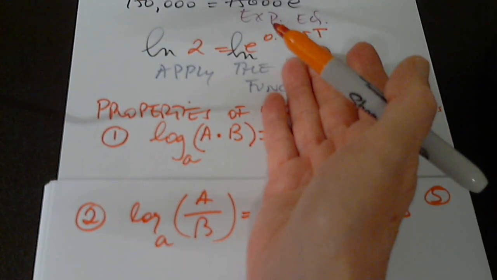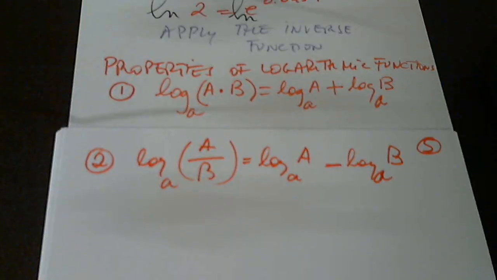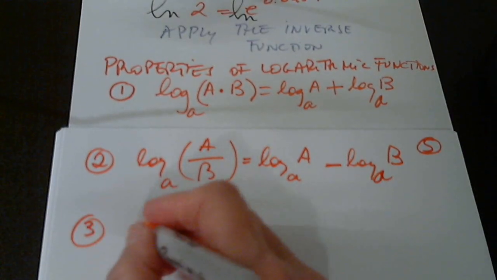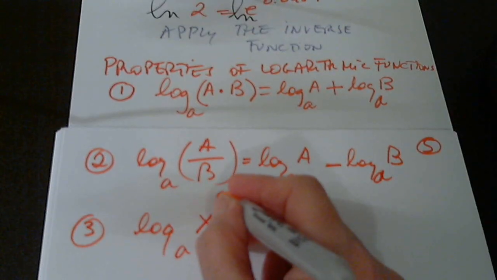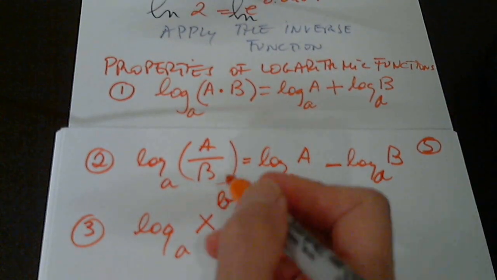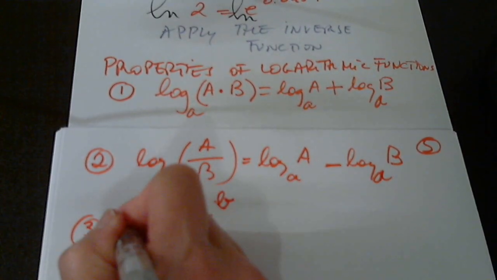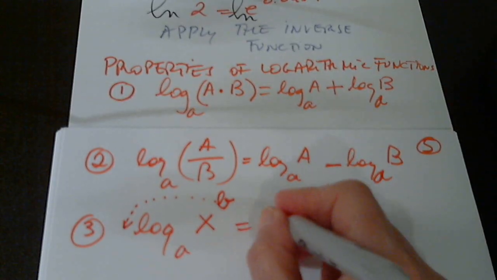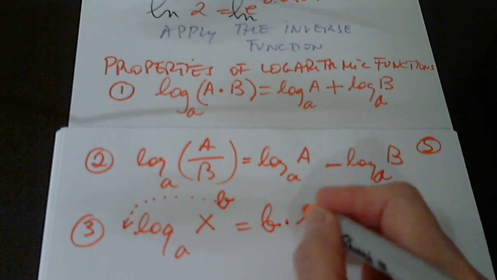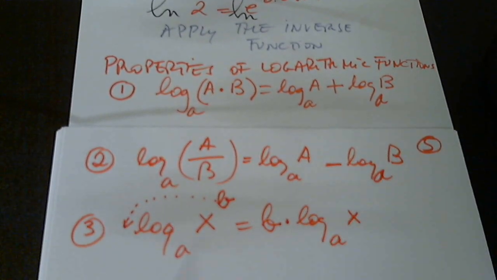And now I'm coming to the property that I need. So property number 3: log base a of x, let's say, to power b. This number goes in front as a factor, not a term. It means it multiplies this. A factor multiplied by log base a of x.